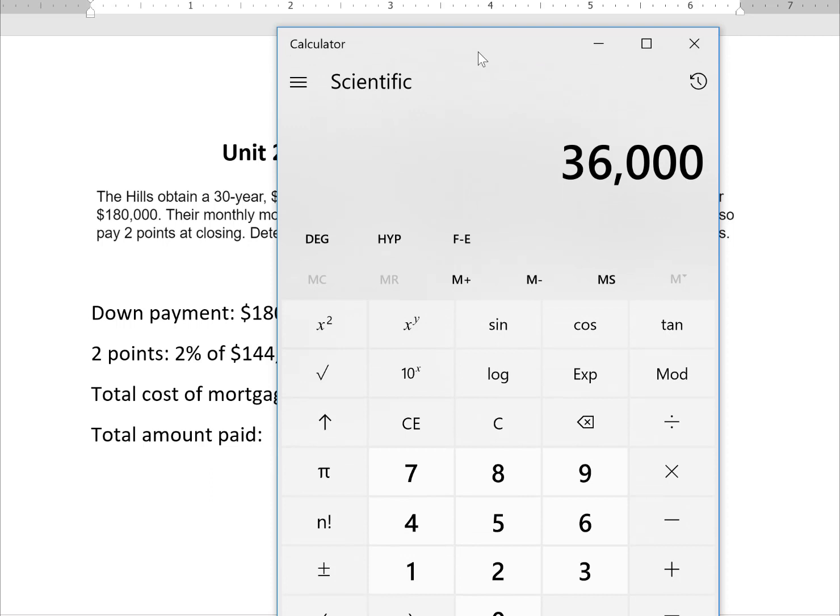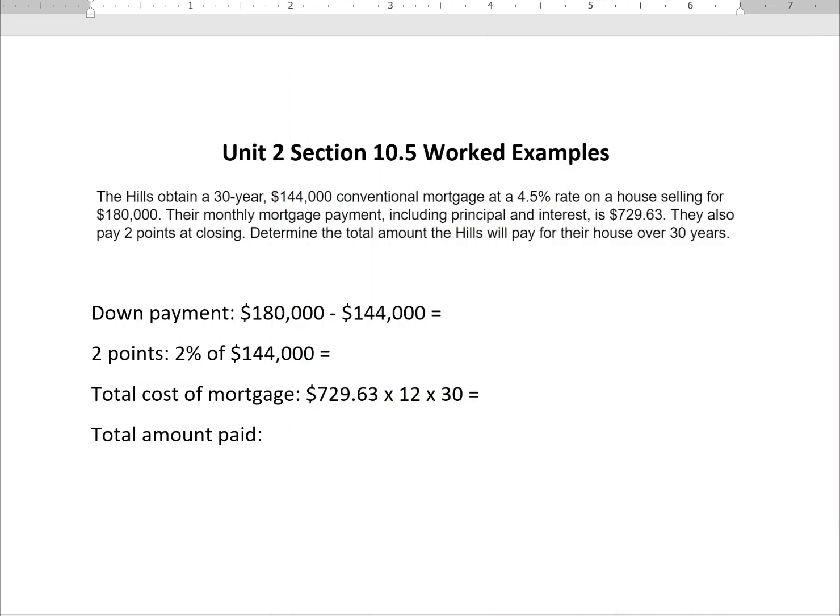So I'm going to take $180,000 and subtract the mortgage amount. And so their down payment was $36,000.